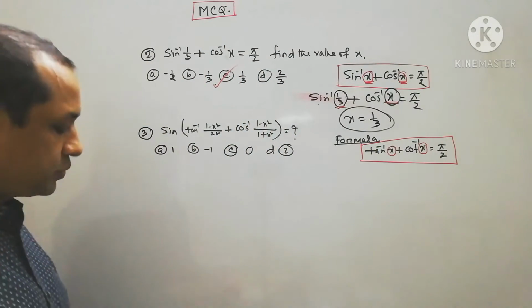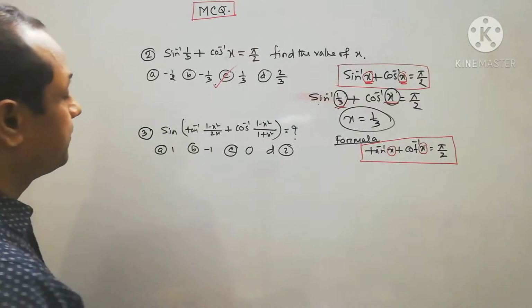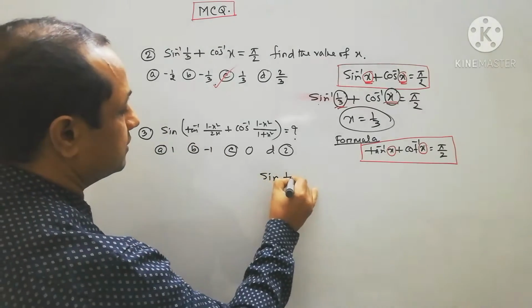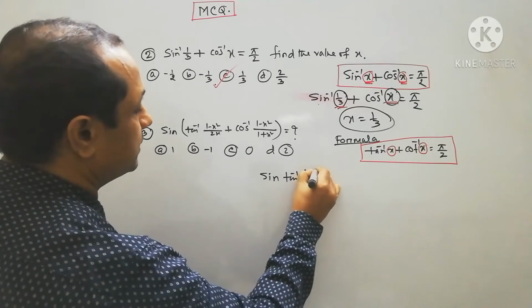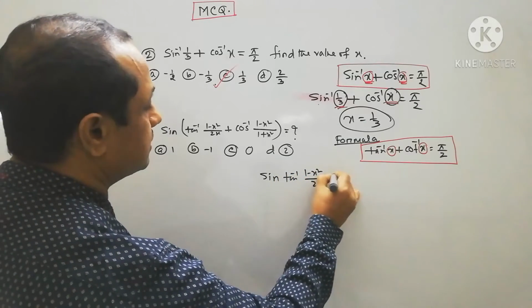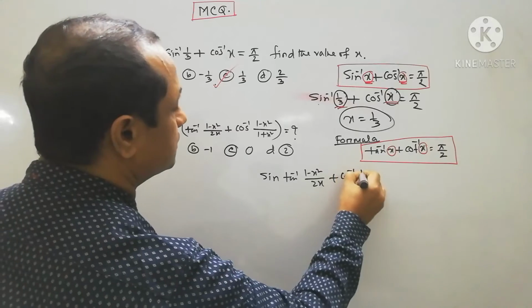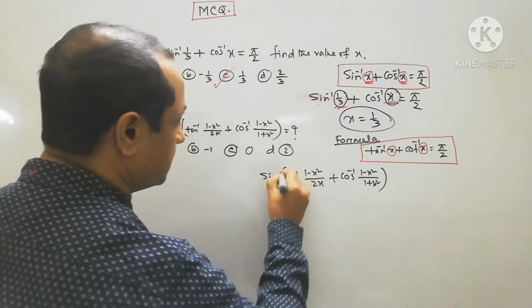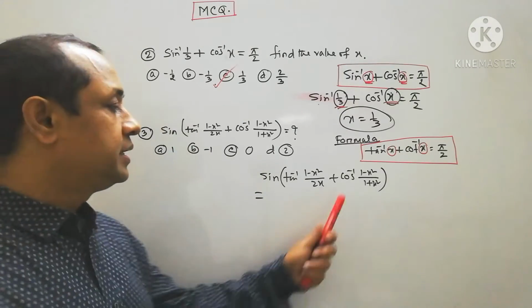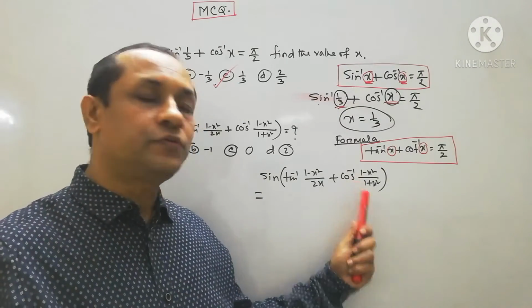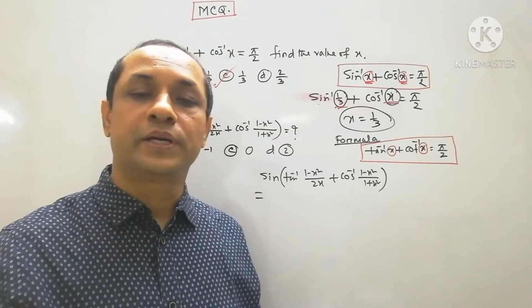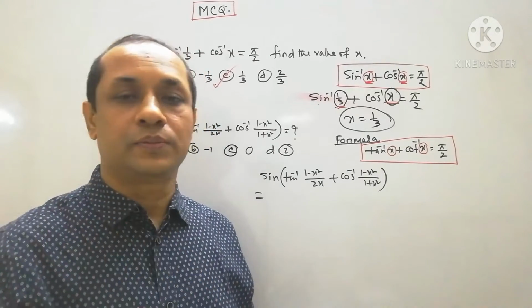Now according to the question, students, here sin(tan inverse (1 minus x square) by 2x plus cos inverse (1 minus x square) by (1 plus x square)). Now students, you have learned the formula 2 tan inverse x equals cos inverse (1 minus x square) by (1 plus x square).